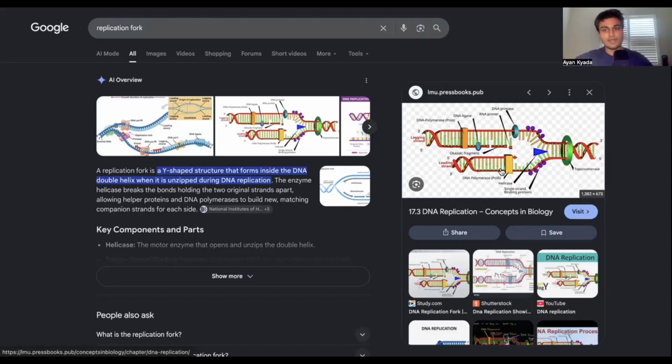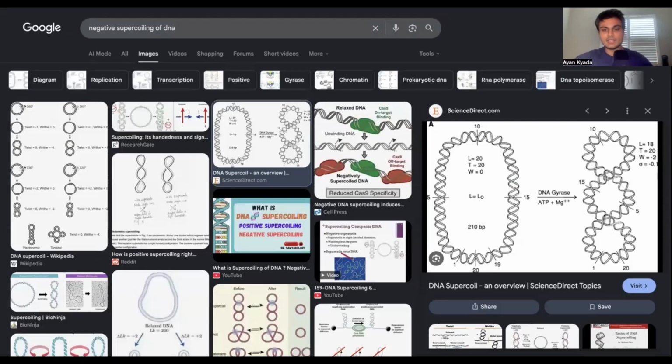And as the replication fork continues to plow down the DNA molecule, you can see here that ahead of the replication fork, you have the natural coiled structure of DNA. But as the replication fork continues to move down the unwound DNA, what happens is they adopt negative supercoils, which are essentially conformations of high torsional stress and strain.